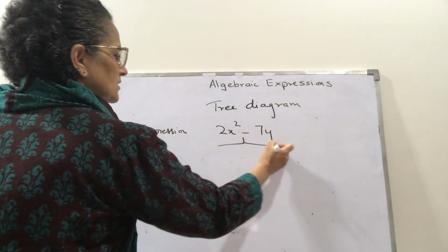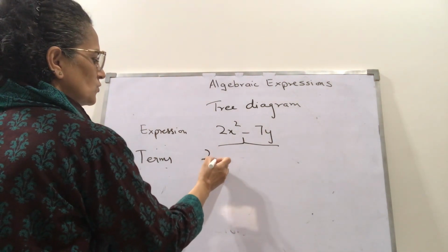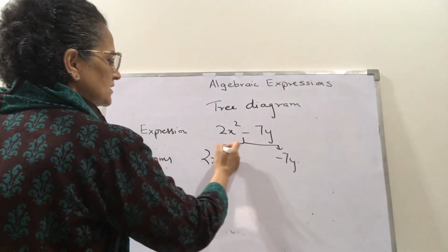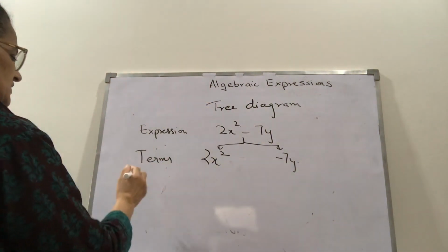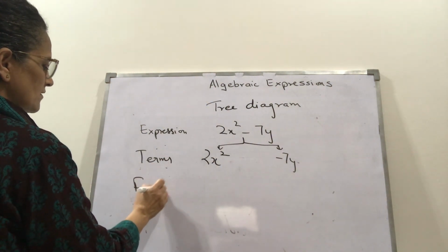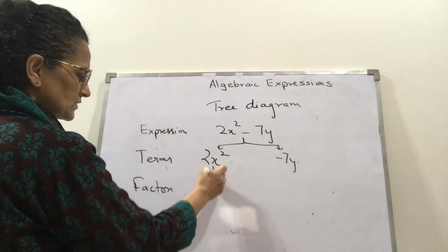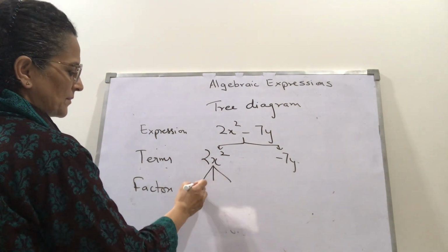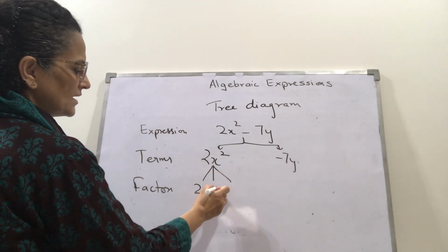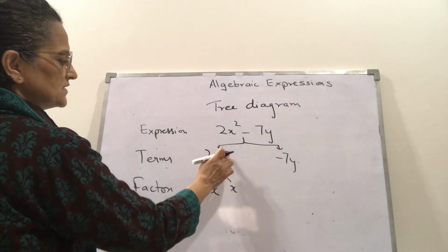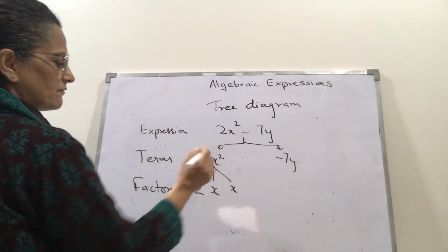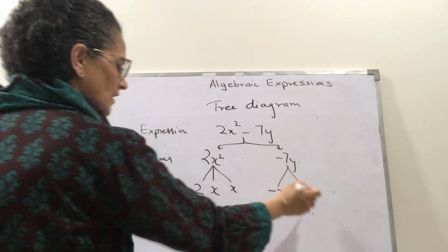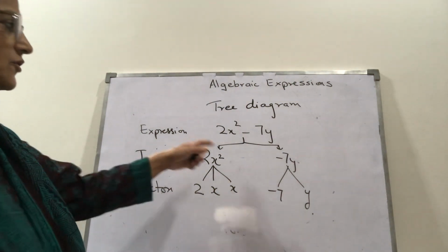So we write separately 2x square and minus 7y. These are the terms of this expression. Now we talk about the factors. So we separately write for this. We separate out the number and the algebraic factor. These variables are called algebraic factors. And here we have minus 7 and y. So this is your tree diagram.